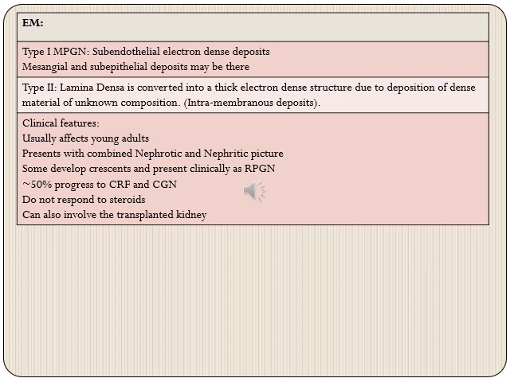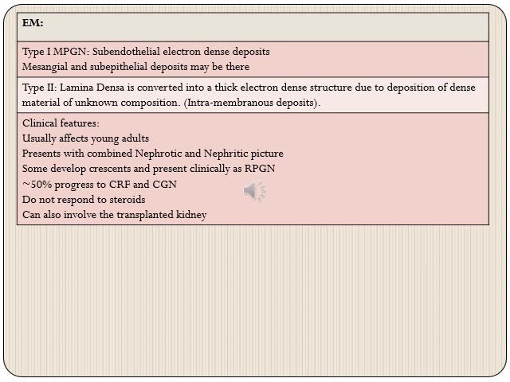These deposits are intramembranous, so they also give the appearance of duplication of the glomerular basement membrane, where actually it's not duplicated, but it is because of the deposition of this electron dense material in the center of the glomerular basement membrane.